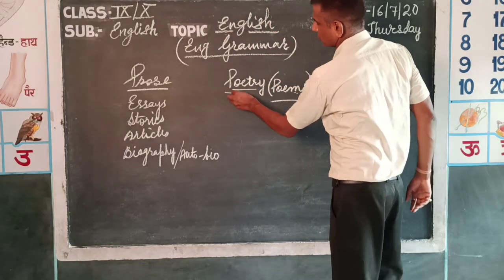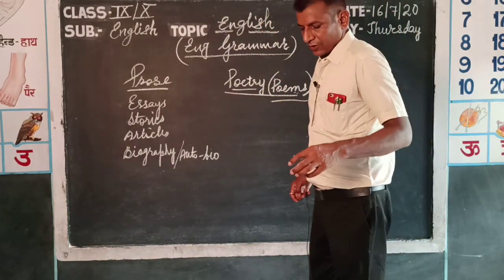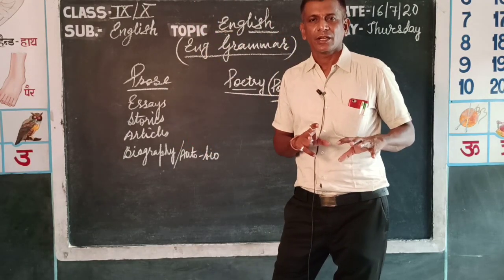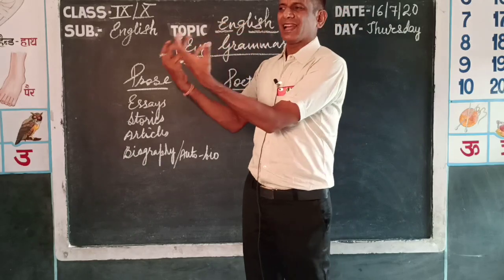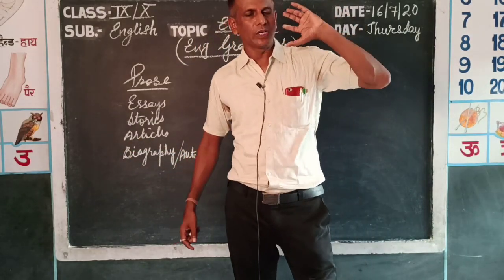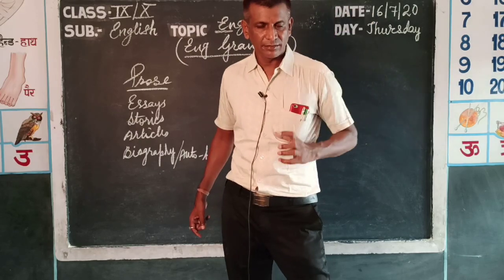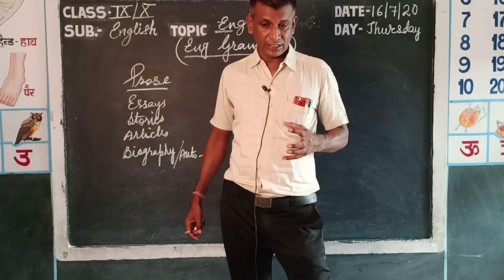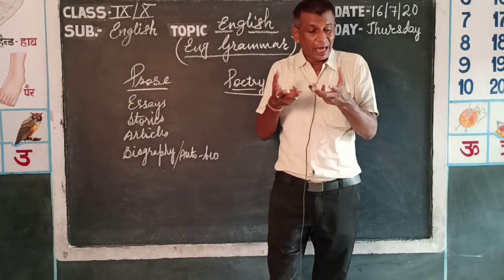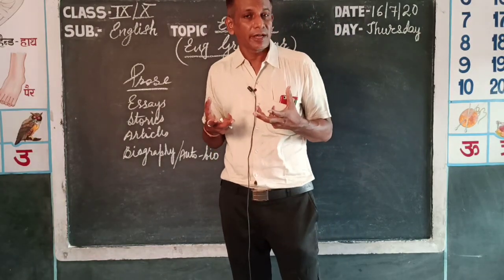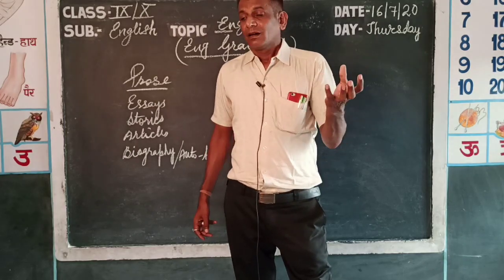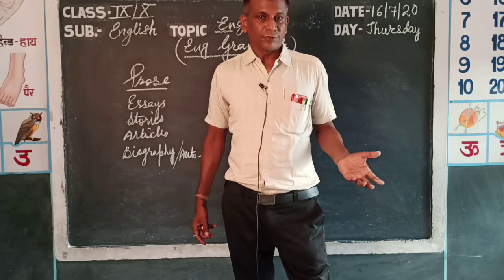And when we go through the poetry section, we do not focus on the grammar part, we focus on the pleasure part, because poetry means to enjoy the rhythm, the intonation, the tone, the melody, the sweetness of the poem, and how that is related to our life.